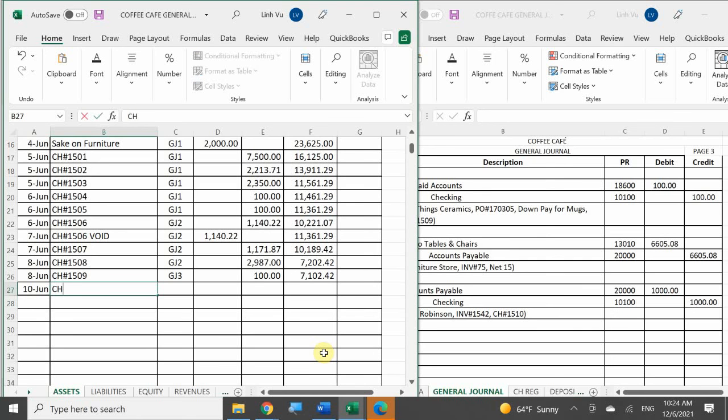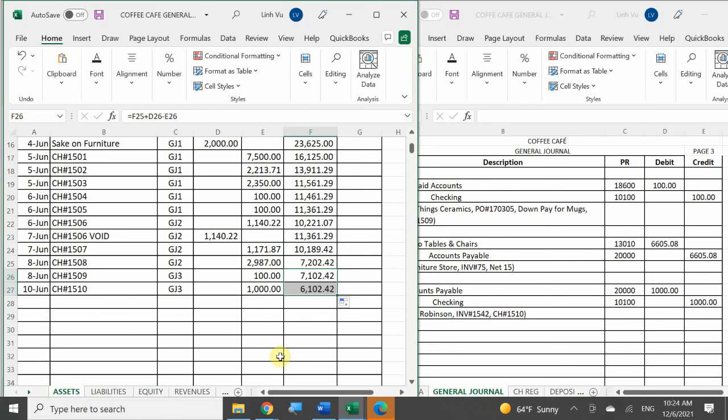Because I wrote check number 1510, general journal number 3, I need to decrease my account by $1,000, putting it on the credit side to go from $7,102.42 down to $6,102.42. So here I am shrinking the money in my checking account. Okay? All right.